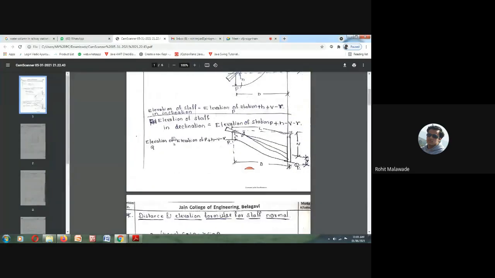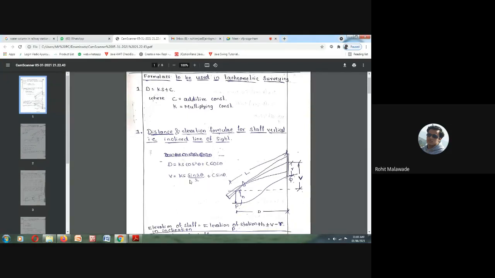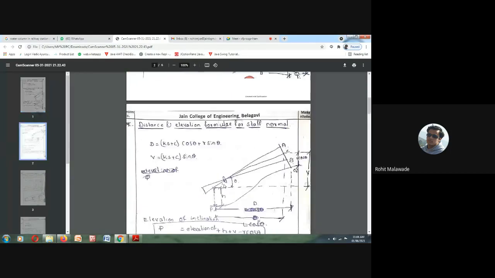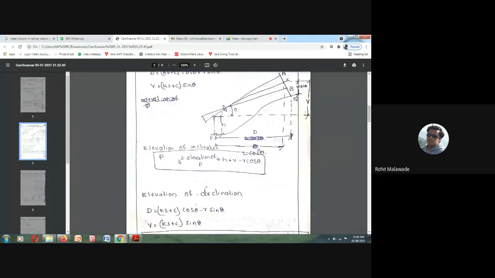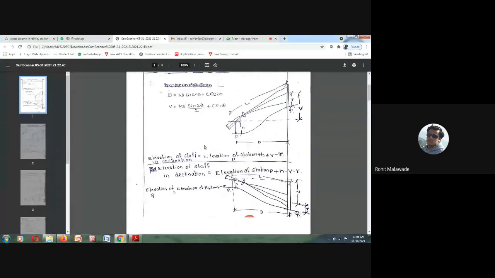Remembering the formulas is going to be very, very important in these cases. So for D, if we want to measure with the angle of inclination, we use Ks cos square theta plus C cos theta. For V, if we want to determine, Ks sin 2 theta divided by 2 plus C sin theta, right? And if the angle of declination is there, then again we will use the same formulas, but here the signs are going to change.